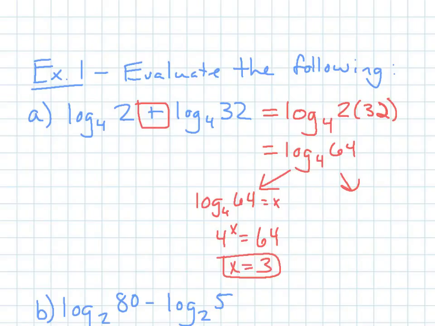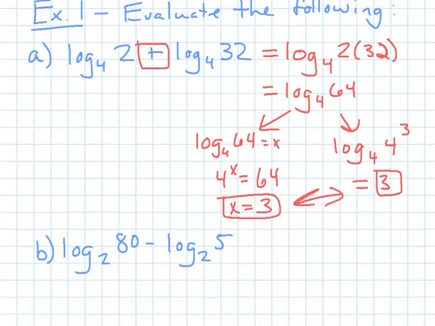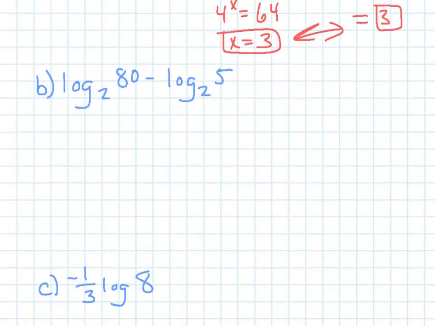Or you can use our other properties of logarithms that I gave you at the end of the last video, where if I rewrite log of 64 as like the same base, so 4 cubed is 64, and because of one of my properties where if your bases are the same, the exponent is your answer. So here it would be 3 would be my answer, which is the same answer. Okay, so there's two different thoughts there when you're simplifying these.